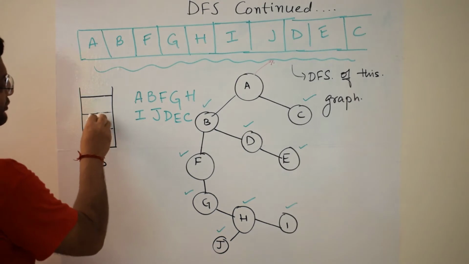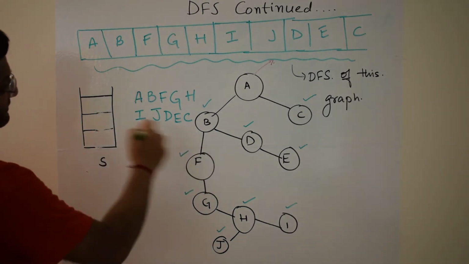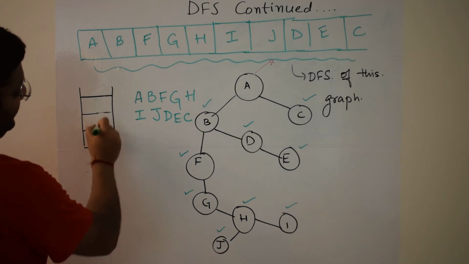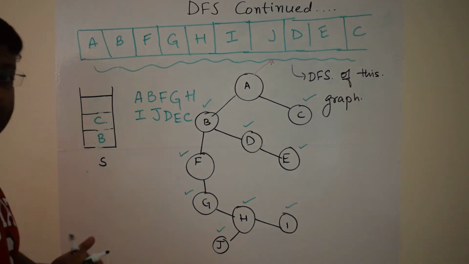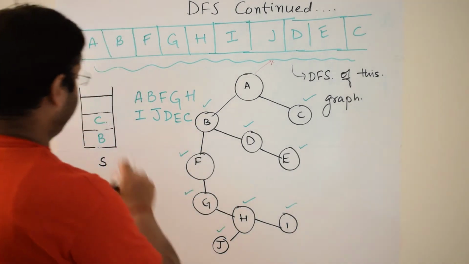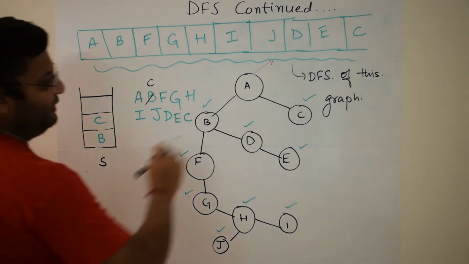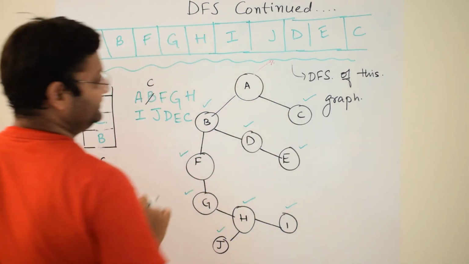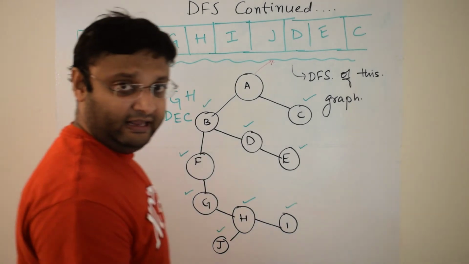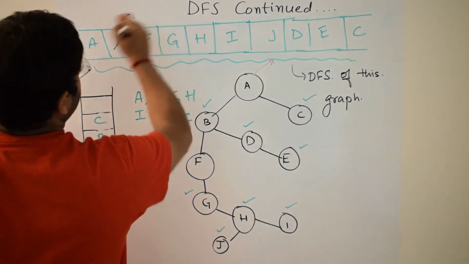But had I put it like this, first B and then C, in the next step what element would I have popped out? I would have popped out not B but C, and I would have taken this path. Is it clear? So here, instead of B, it would have been C.